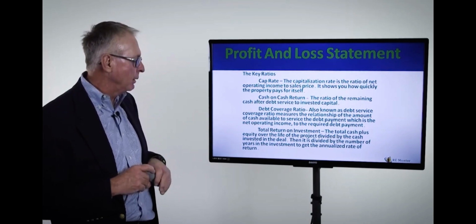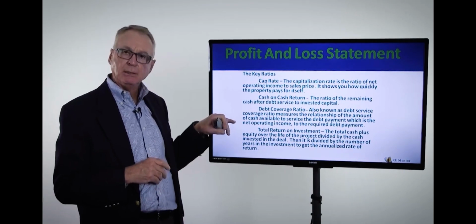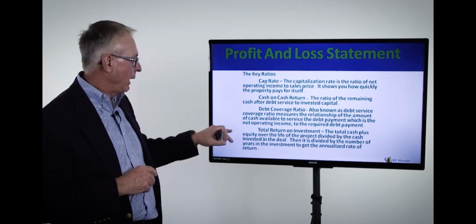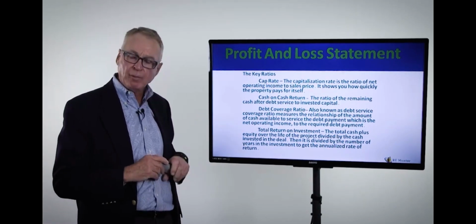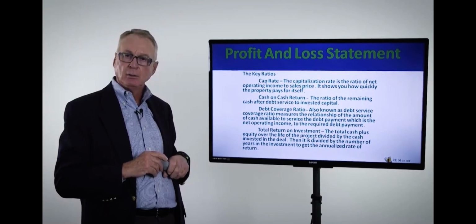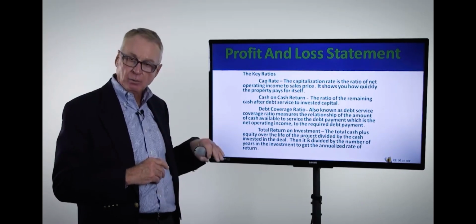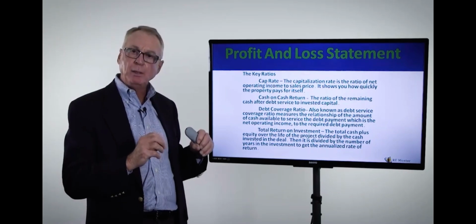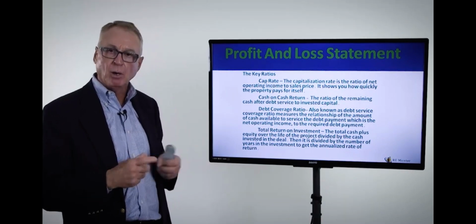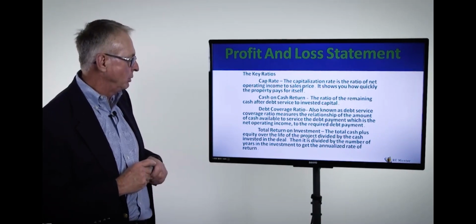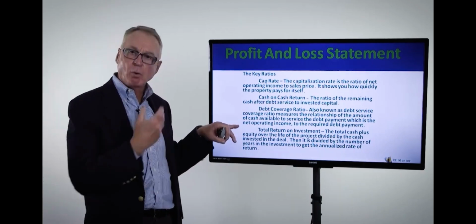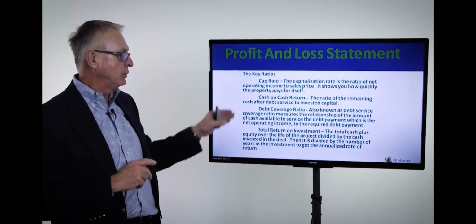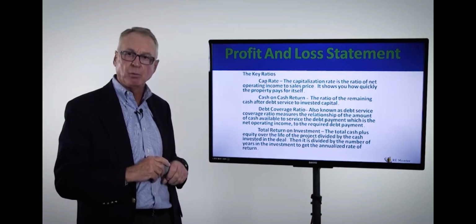If our debt payment for our mortgage is $10,000 and we've got $12,000 remaining to pay that $10,000, then our ratio would be 1.20. So we would have 20% more cash in order to be able to pay that debt service. So the ratio would be 1.20.